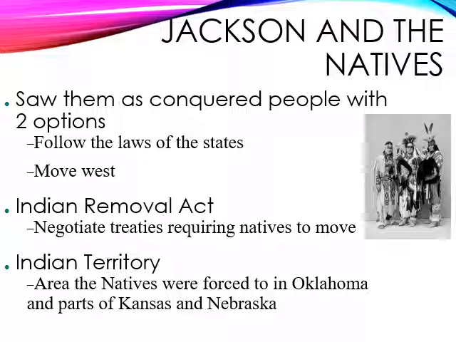It was kind of the idea of, you can either sign this treaty to move, or I can kill you all. They had no other option other than to sign the treaties to move. And they were forced to move to this area called the Indian Territory, which was mostly Oklahoma, with small parts of Kansas and Nebraska as well.